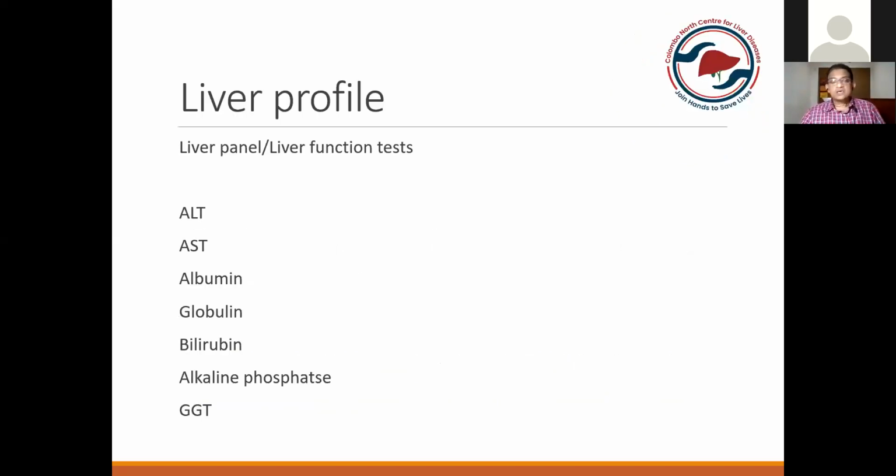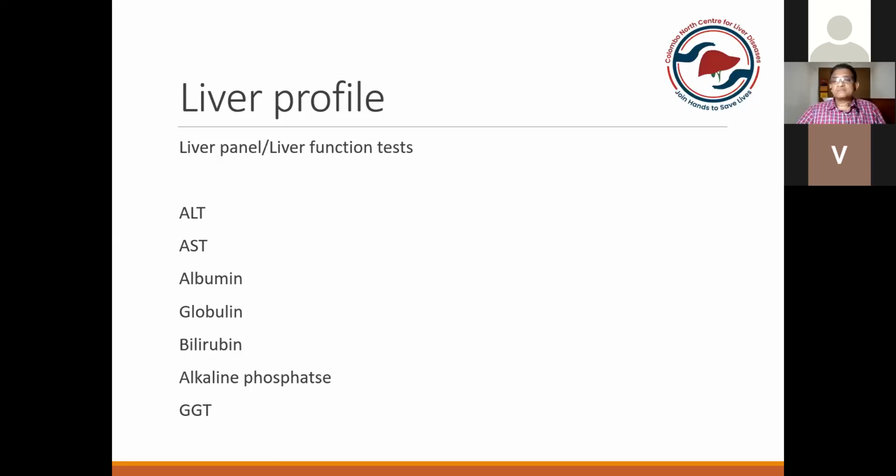Okay, so what's a liver profile? Although we call it liver function tests at times, it usually measures liver dysfunction. Although in disease, albumin measures liver function, most of the time when they're elevated, it measures liver dysfunction. So I like the term liver panel.